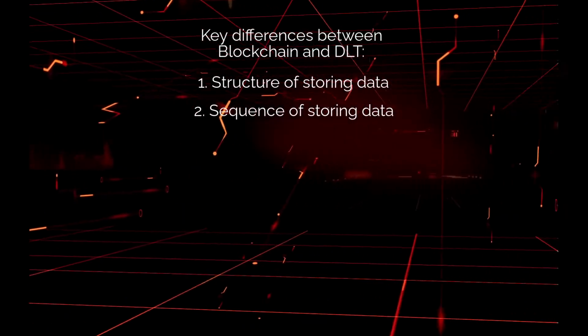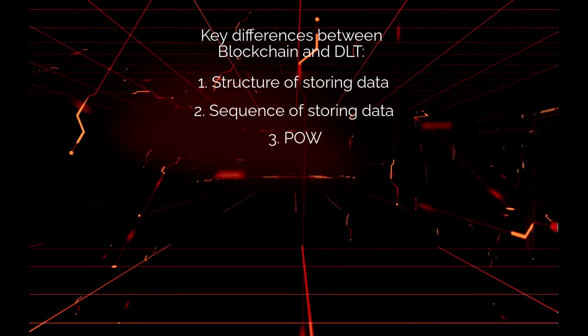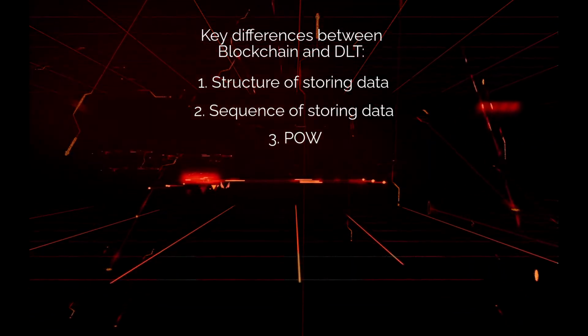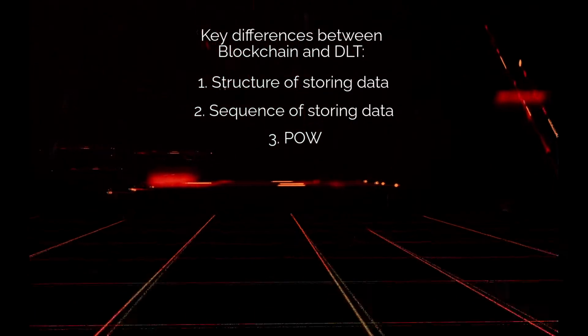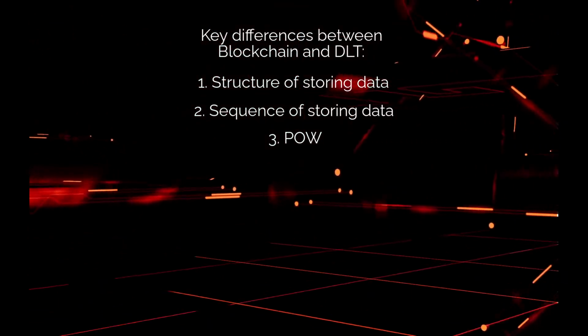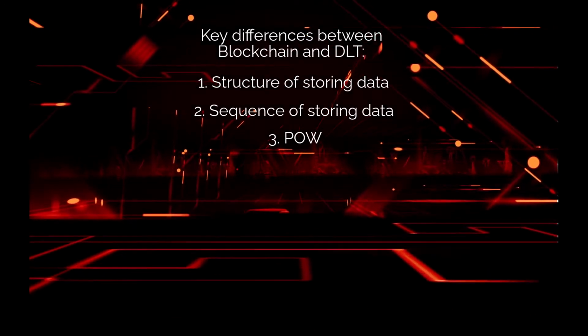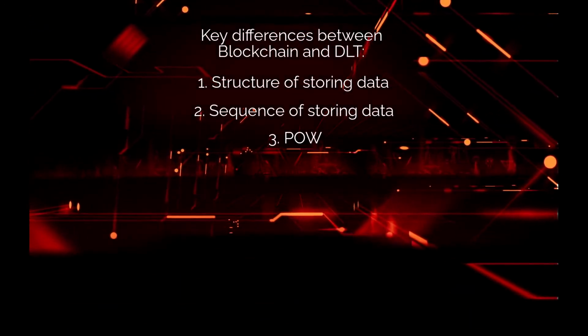What also sets blockchain apart is the proof of work. So a distributed ledger doesn't need proof of work. But in order to make blockchain work, it's become a functionality of blockchain.